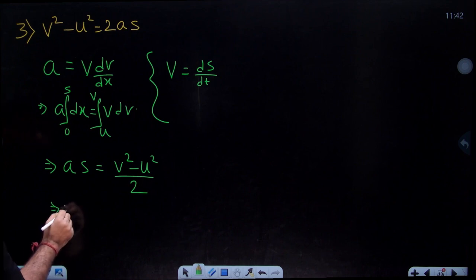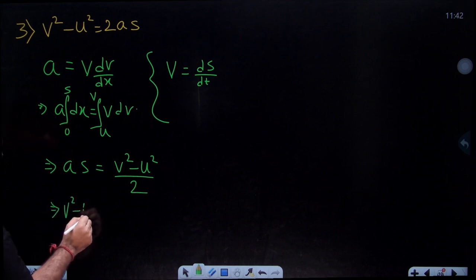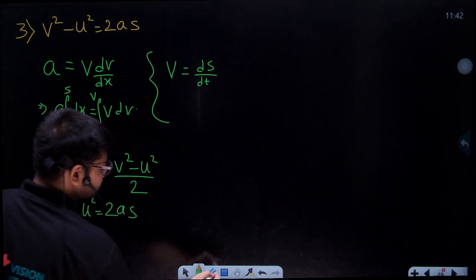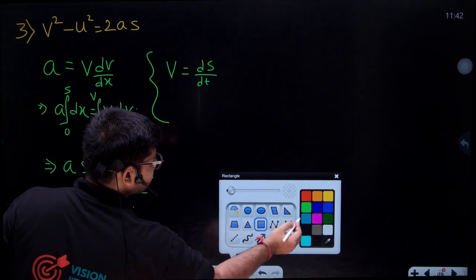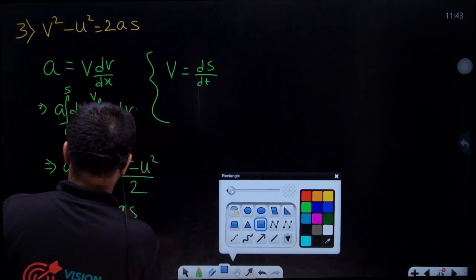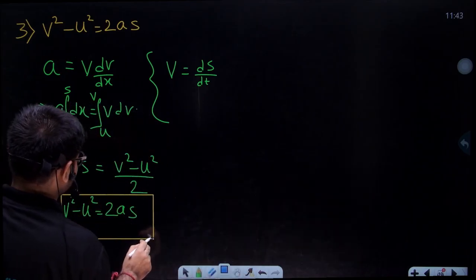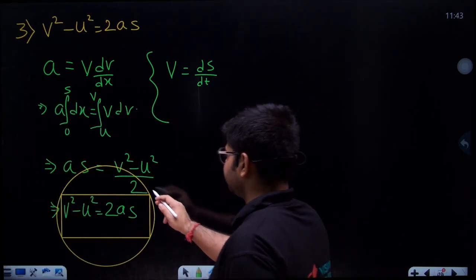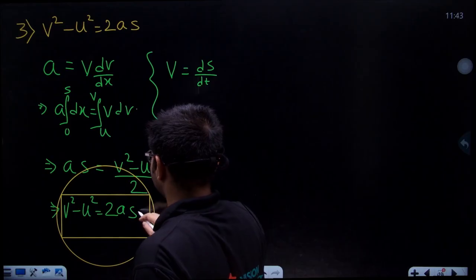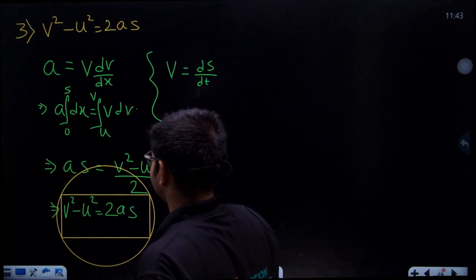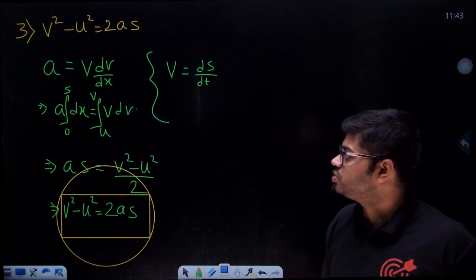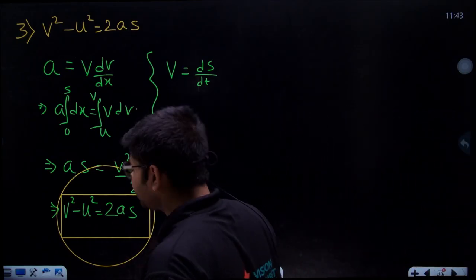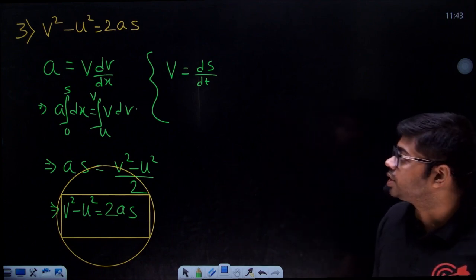So v square minus u square is going to give you 2as. This is our third equation of motion.